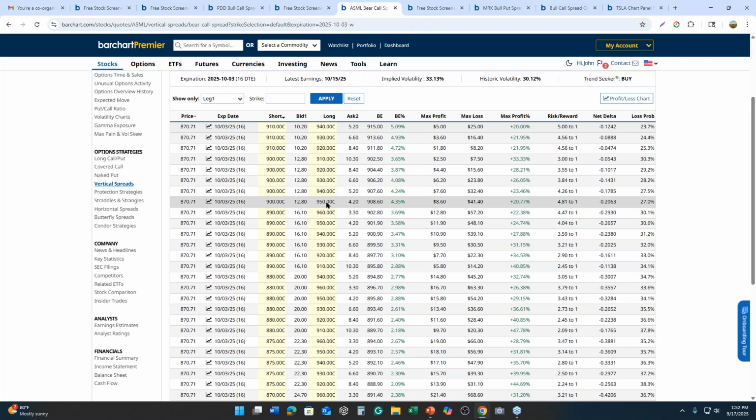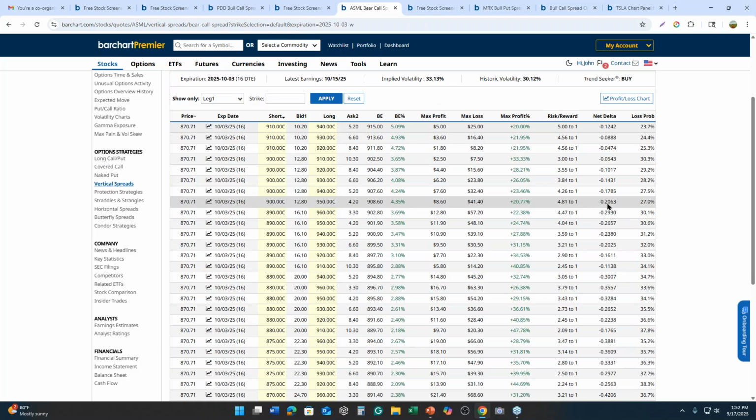Here we can see we're only going to get $8.60 of credit versus that potential risk if this stock goes all the way up to $950 or $941. And notice that my delta here is that 20, right?